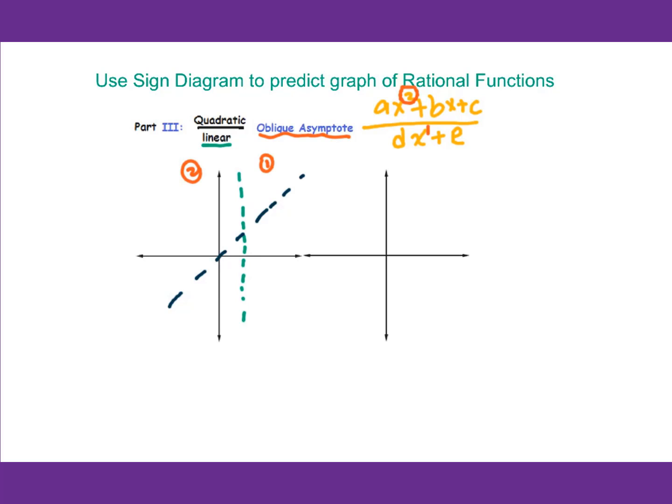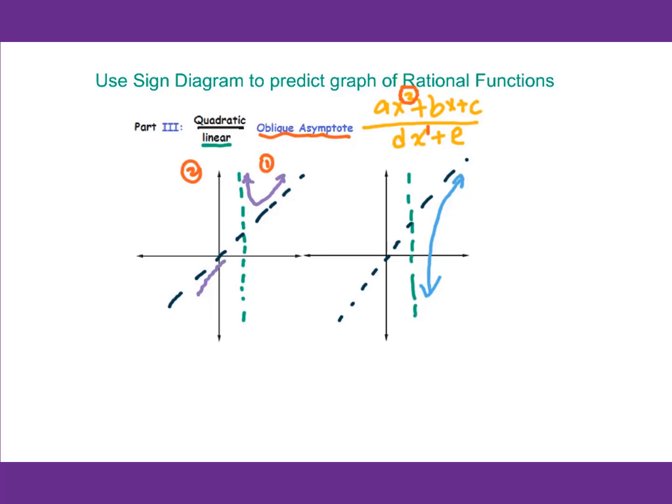For interval 1, either your graph is like this part or your graph is over this part. For interval 2, the graph will depend on interval 1.